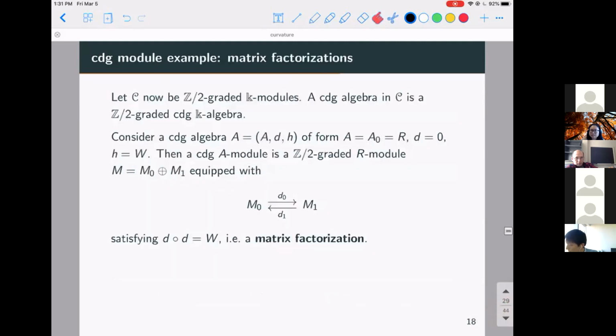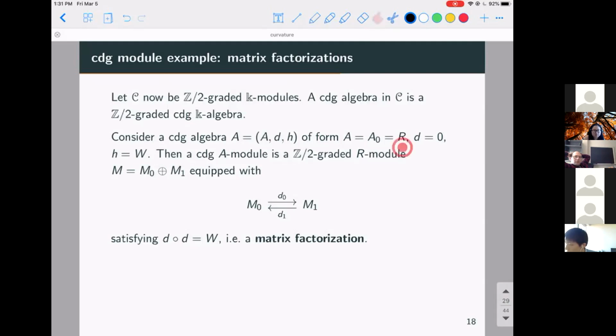So here's an example you've probably seen before. I've been working with Z-graded, but you can use a Z mod 2 grading if you want. And then you can follow through the definitions. Let's take a Cdg algebra of the following special form.